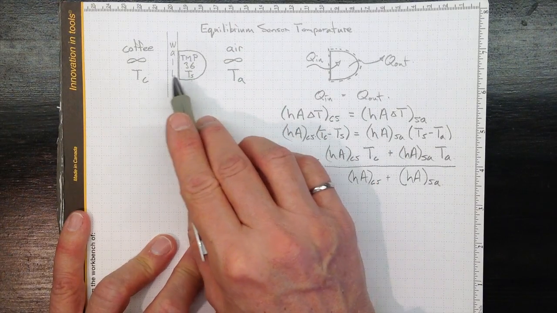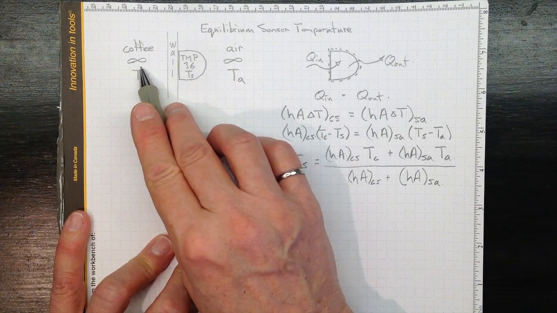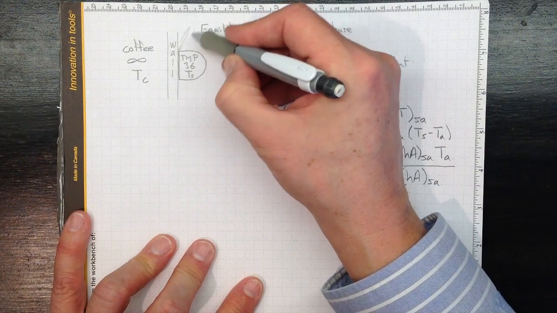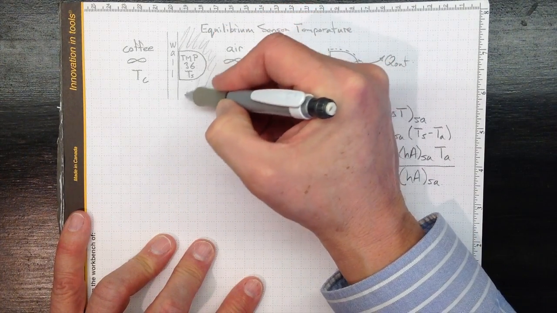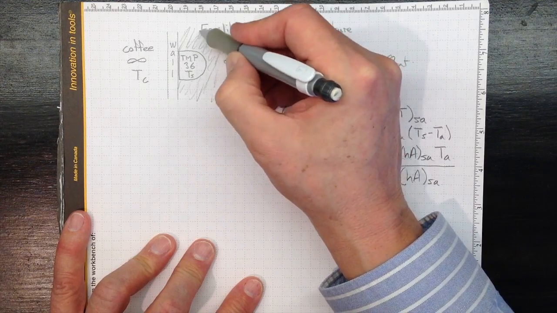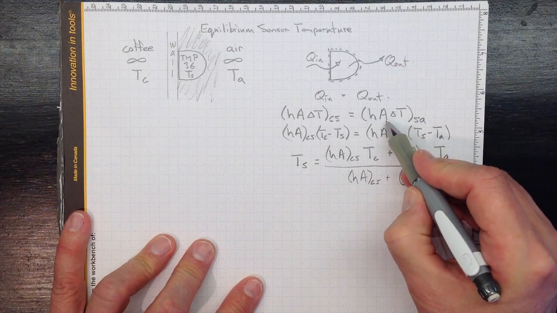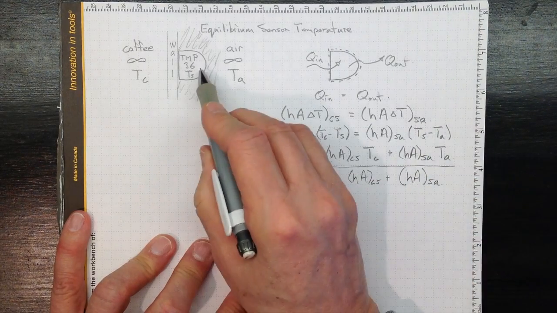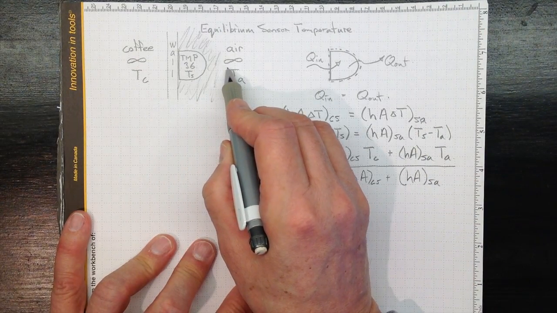Now when you're making a mounting, if you want the temperature sensor to be really close to the temperature of the coffee, then let's put some insulation on that sensor to reduce the HA for the sensor to the air side, and thus reduce the heat transfer on this side.